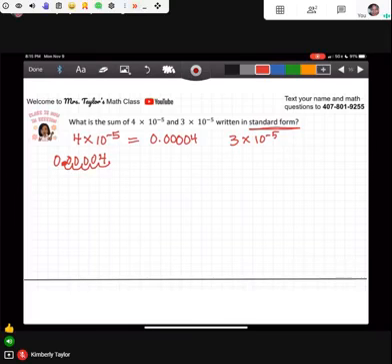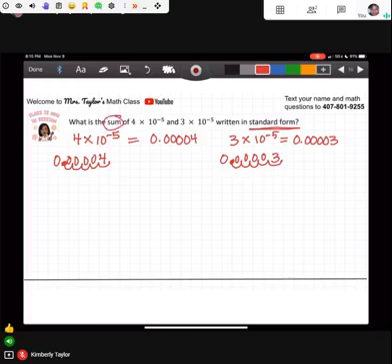So you put the 3 here, decimal here, move it 5 times to the left. 1, 2, 3, 4, 5. That's my decimal. Add in my zeros. And so I get 0.00003.